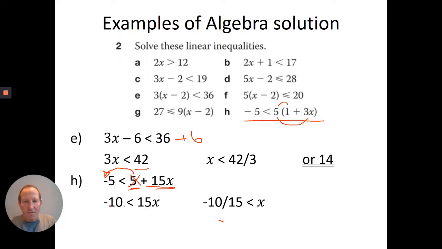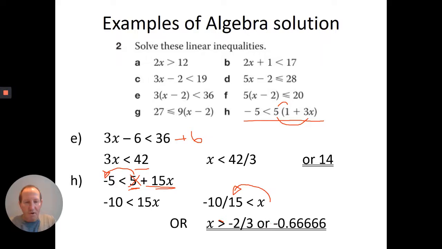So when I've got the minus 10 is less than 15x, I've got to divide through by 15. So 15 comes over to the other side and does the opposite. Minus 10 divided by 15. That will give me minus 2/3. So we've got x is greater than minus 2/3.